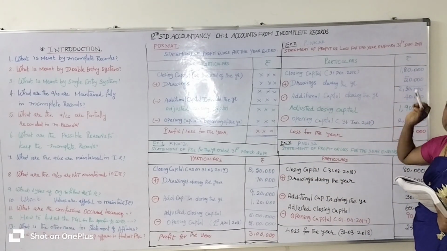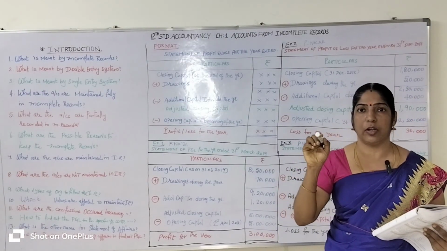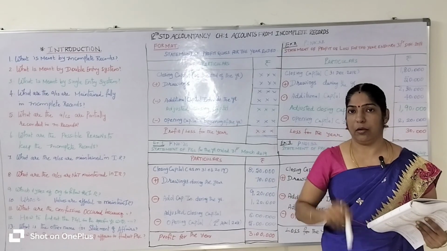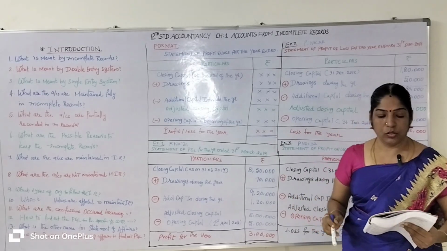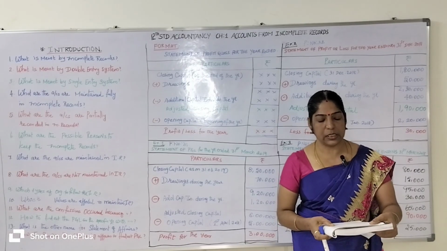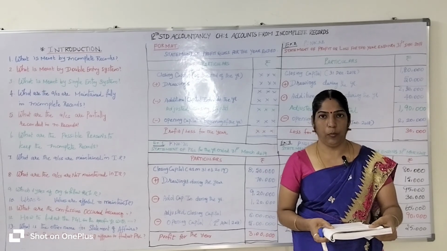Then particulars, rupees, entered. To find out the profit and loss account, you always start with the closing capital account. Which is the closing capital? Among these, 31st December 2018 is the closing capital, and 1st January 2018 is the opening capital.